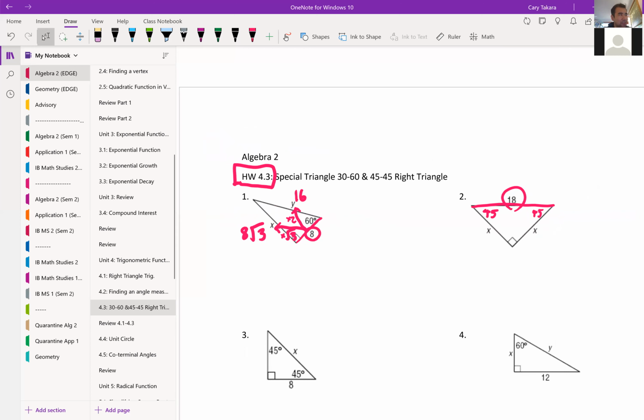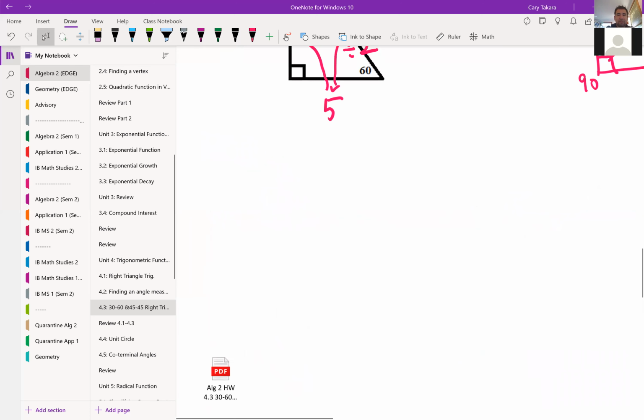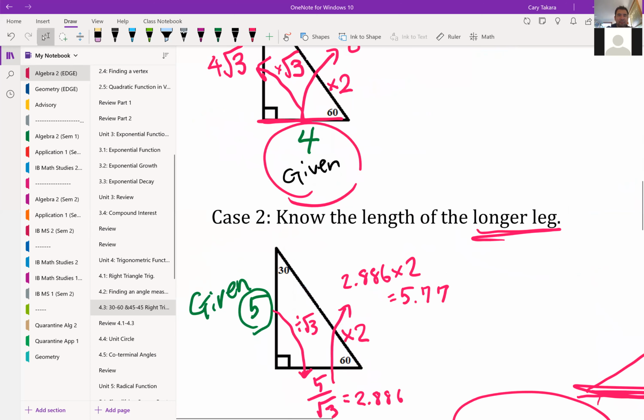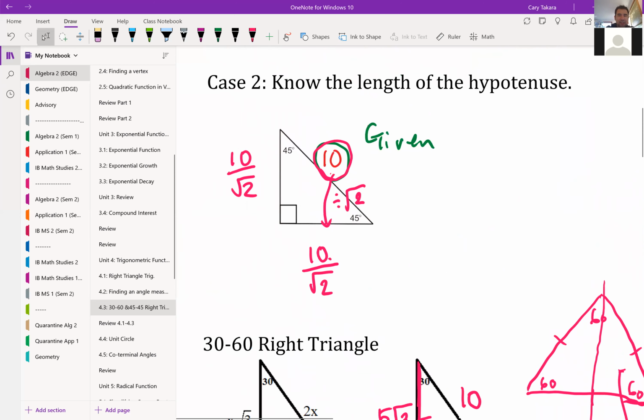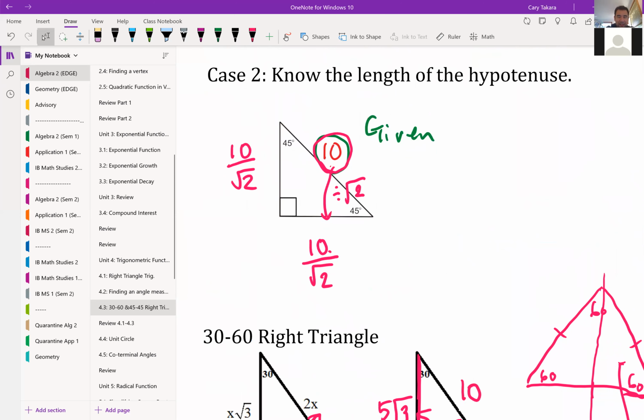What do you think you have to divide by? Right here, if you know that the hypotenuse given is a hypotenuse, right? If a hypotenuse is 10, how did you get back to the leg? You divided by square root of 2. Yeah.